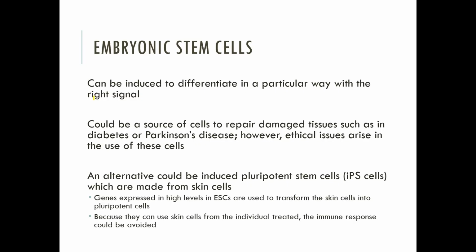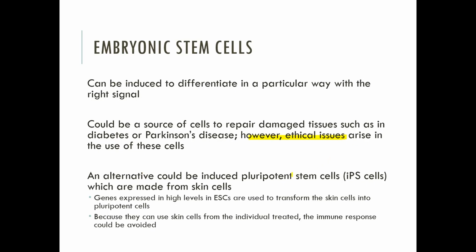I would say probably about maybe 10 to 20 years ago. But essentially, with the right chemical signaling, they can be induced to form different types of cells. And so like I said, they had a lot of potential. They could potentially repair damaged tissues like muscle and nerve that won't naturally regenerate and fix themselves. But we do have the ethical issues that arise, okay?